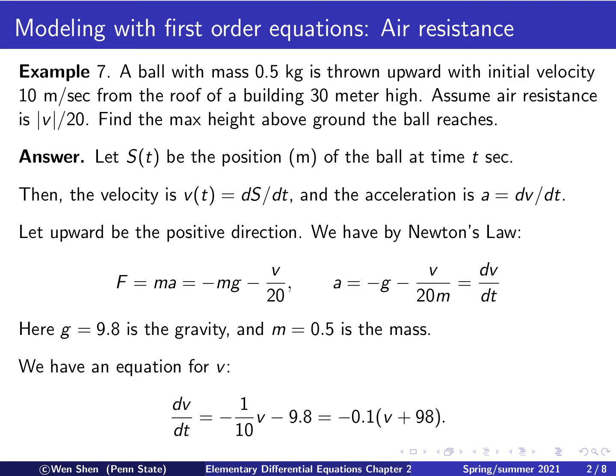Now let's put these numbers in, and we can write out an equation for v. v prime, dv dt, is, putting m as 0.5, negative 1/10 of v minus 9.8. Okay, and I can take out a 0.1 here. I will get negative 0.1 times v plus 98.